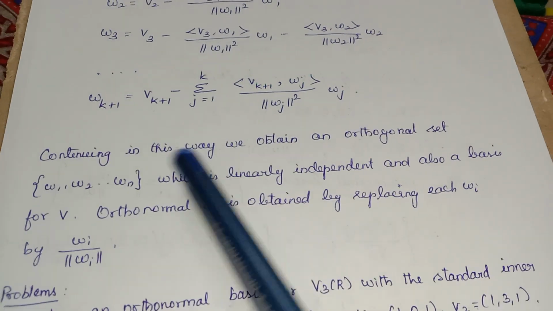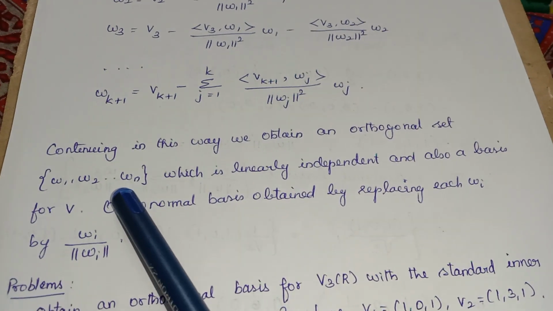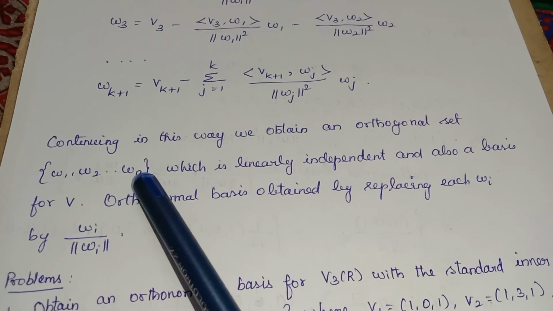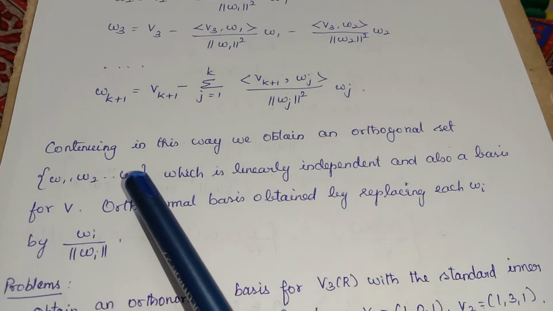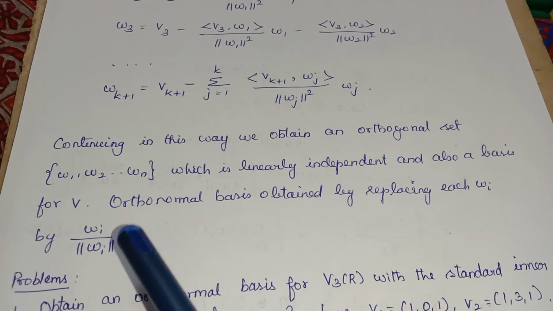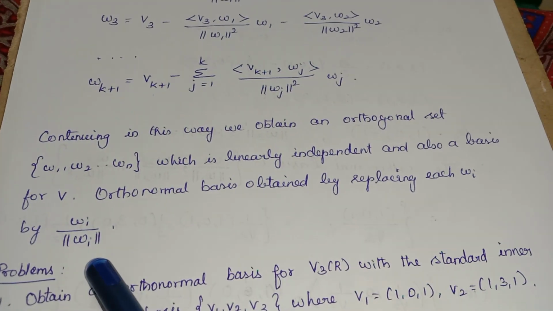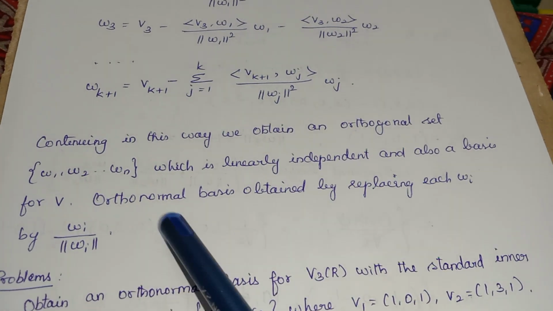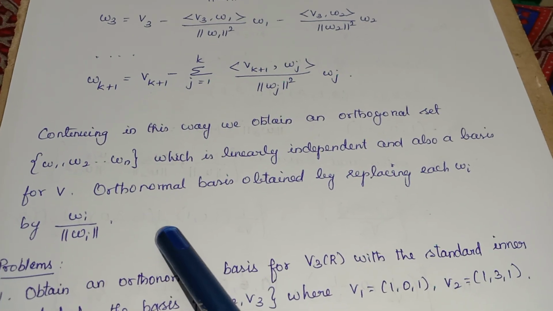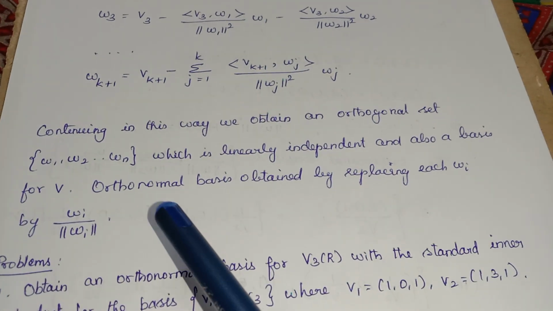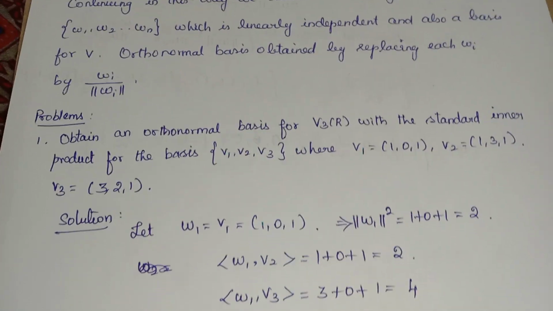In this way you can obtain all w's. This will be an orthogonal set only. It need not be an orthonormal set. From this you can write the orthonormal set by replacing all w's by w by norm w. So this is how we have to obtain the orthonormal basis for any given finite dimensional inner product space.